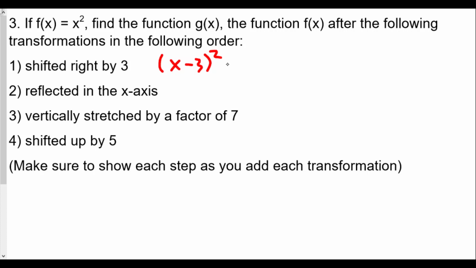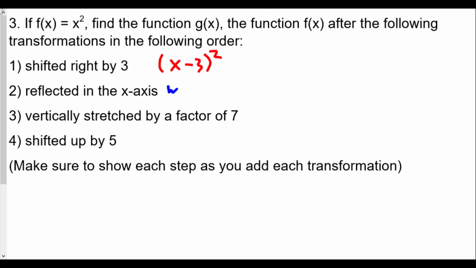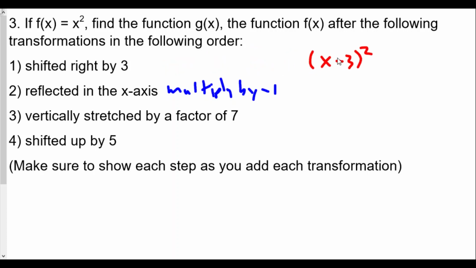Okay, so now we're next going to reflect in the x-axis. Now, reflection in the x-axis is going to mean we're going to multiply by -1. So a reminder, it's probably a good idea to write down what's going on here.